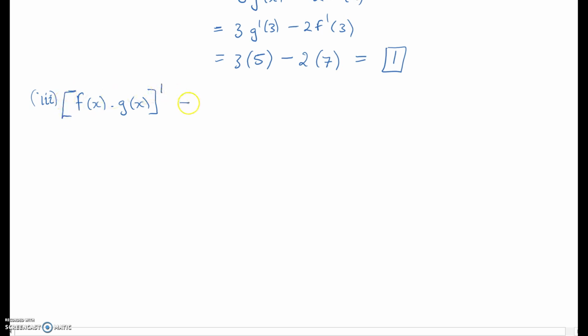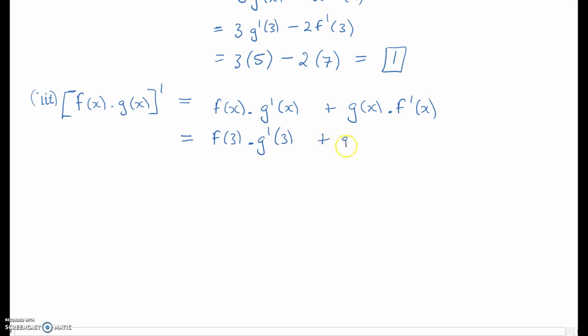Now, if you remember the product rule, it's the first, so f of x, by the derivative of the second, plus the second, so g of x, by the derivative of the first, f prime of x. Now, if we want to evaluate that when x is 3, that becomes f of 3 times g prime of 3 plus g of 3 times f prime of 3.